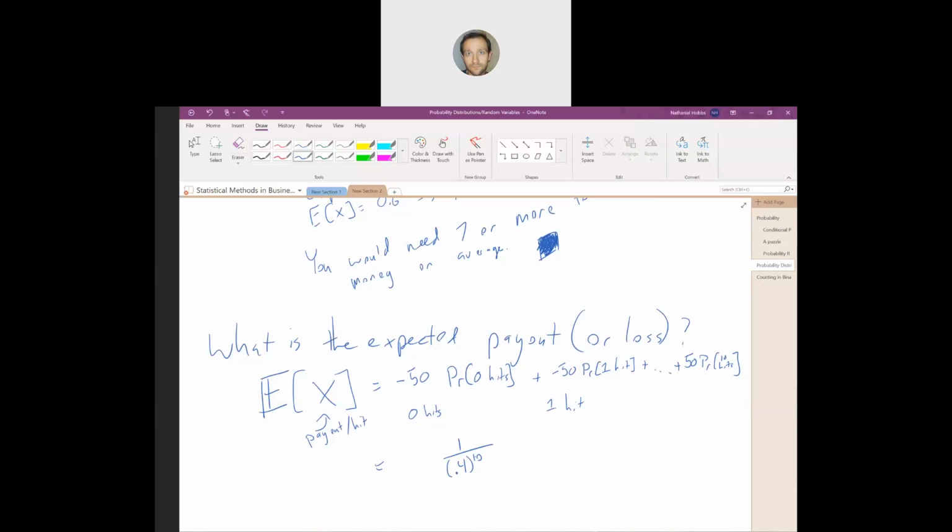Okay, where are these coming from? Why is it 0.4 to the 10th? Oh no, it would just be 0.4 to the 10th. Yeah, I think it's just 0.4 to the 10th.